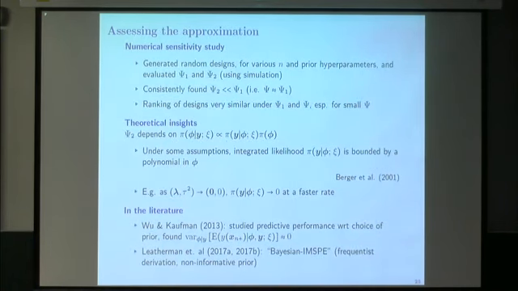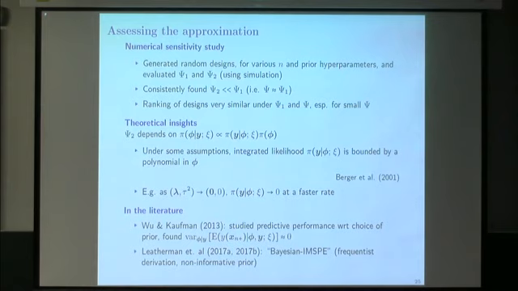To justify setting the second part equal to 0, we had plenty of numerical evidence and some theoretical insights. We performed a sensitivity study where we generated random designs for different numbers of points and different prior hyperparameters, and evaluated both parts of the objective function, psi 1 and psi 2, using simulations.